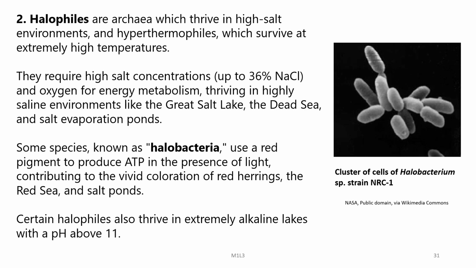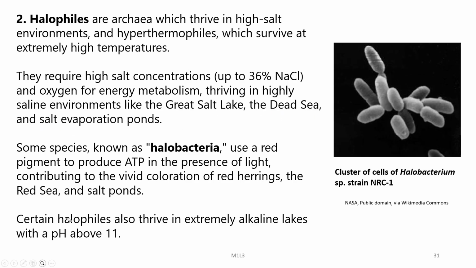Next come the halophiles. These are archaea which thrive in high salt environments, and hyperthermophiles which survive at extremely high temperatures. They require high salt concentrations up to 36% NaCl and oxygen for energy metabolism, thriving in highly saline environments like the Great Salt Lake, the Dead Sea and also in salt evaporation ponds.